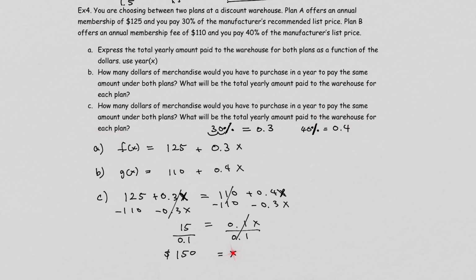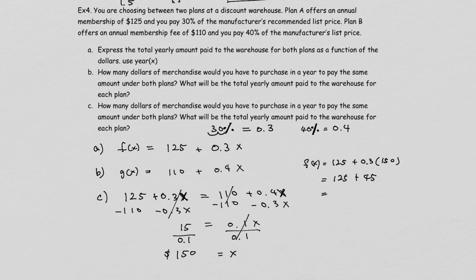So in this case, what we will do is replace that $150 in one of the equations. Let's put it in f of x. So it will be 125 plus 0.3 times the amount, which was $150. What will 30% of 150 be? Well, that's going to be 45.